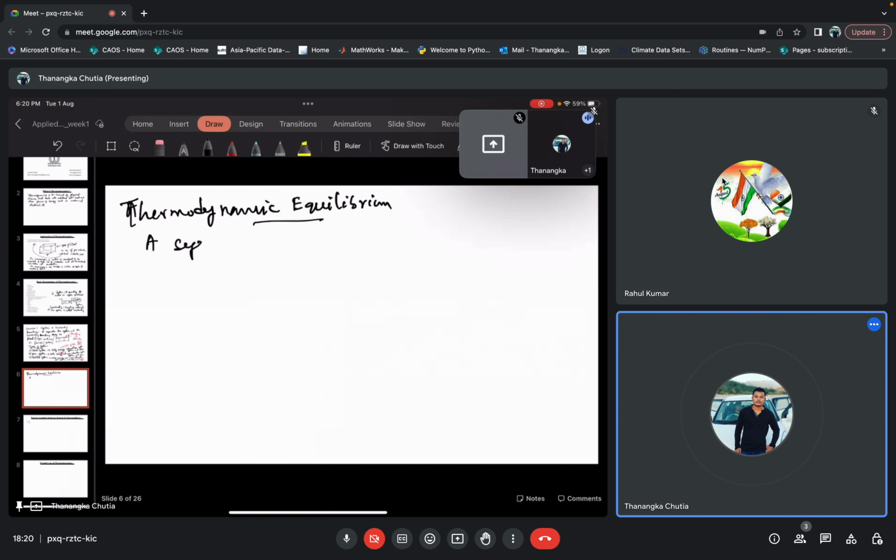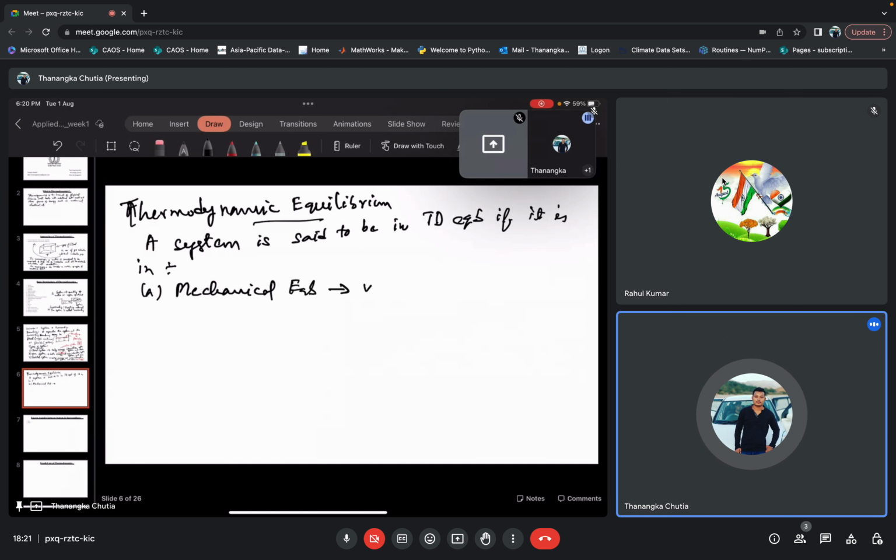A system is said to be in thermodynamic equilibrium if it is in, number one, mechanical equilibrium, that means no unbalanced force.